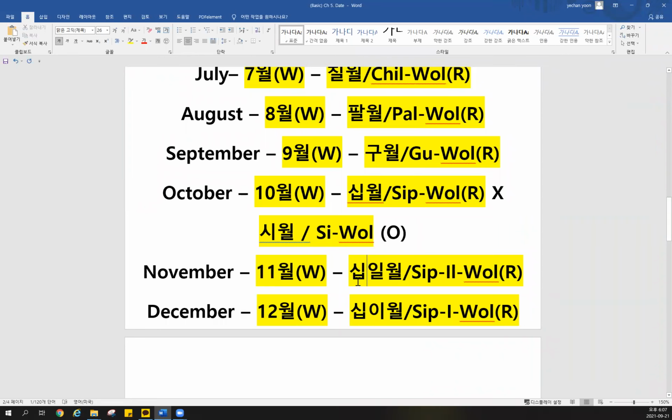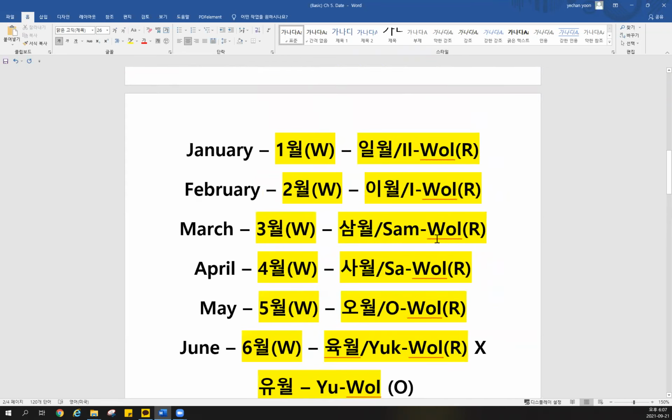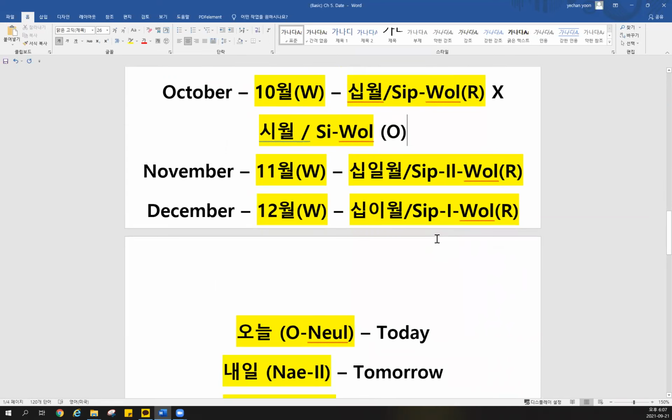December is 12월. This is how you write from January until December. It's not that difficult, right? For writing, you just need the number and the month counting word, and the reading uses the Sino version.